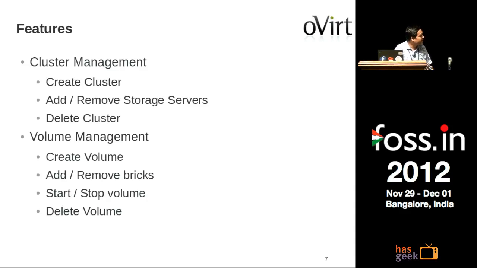When it comes to volume management, you could create the cluster volumes, add or remove bricks from it, start and stop the volume. Starting a volume means making it available to all the clients of your volume, and if you stop it, it won't be accessible anymore, and you could delete a volume.